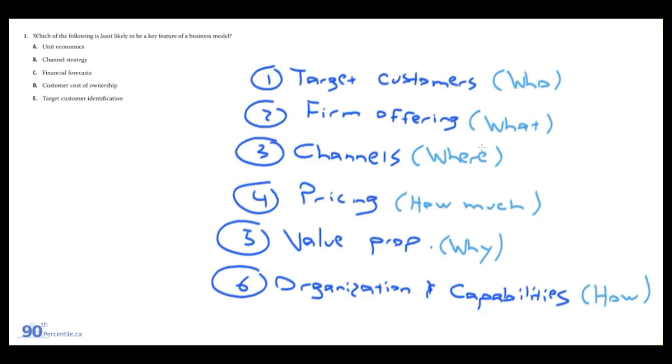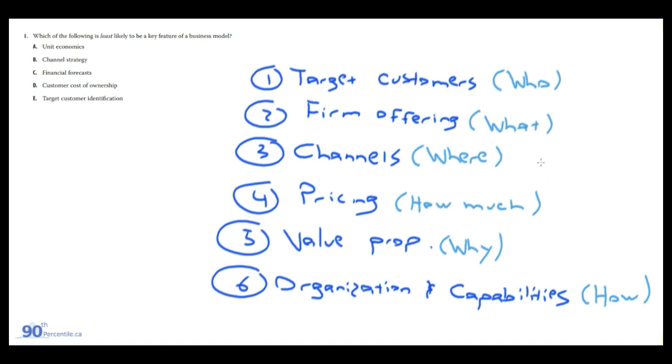Which of the following is least likely to be a key feature of a business model? Well, the curriculum outlines these six aspects of a business model. I don't think you have to memorize them, but nonetheless, it's good to know and keep in the back of your mind. First is a target customer, so who you're going to target. Second is a firm offering, so what you're offering, whether it's a product or a service. Three is your sales channel, so where you're going to sell.